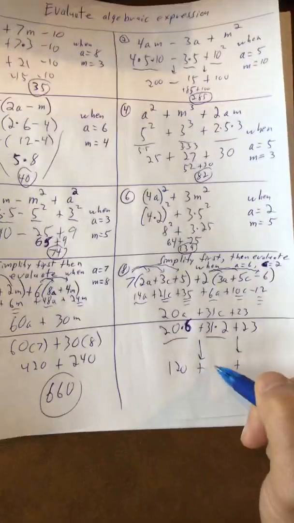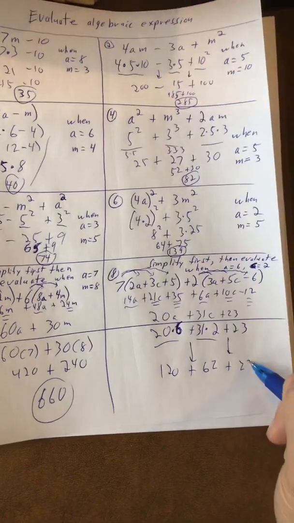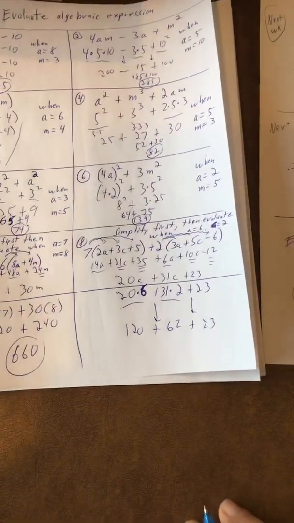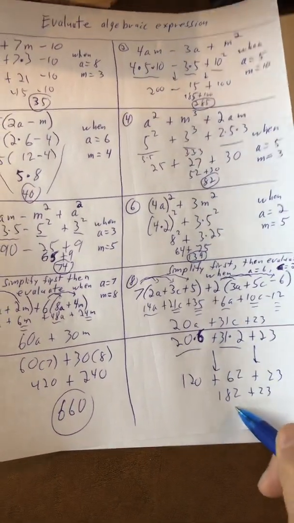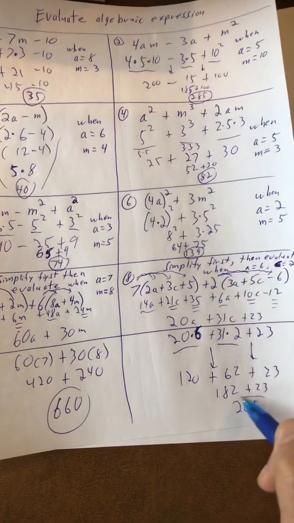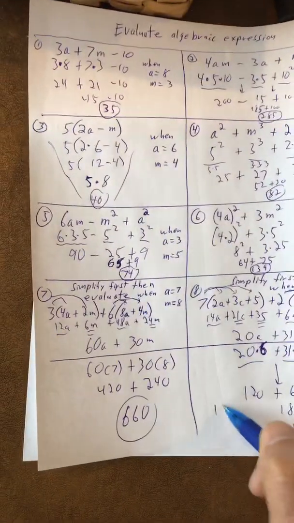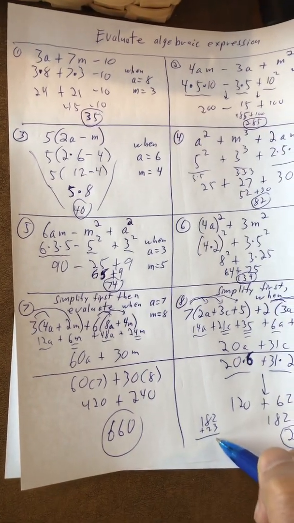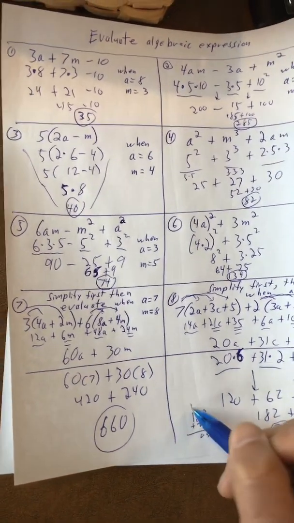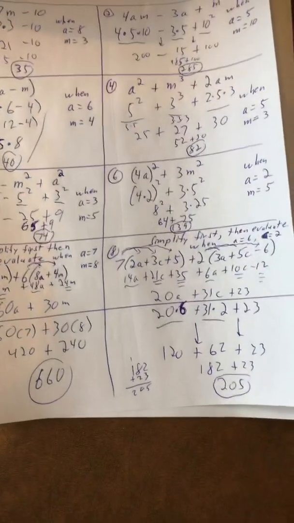There's 120, there's 62, and here comes my 23 just dropping down. Well, that adds up to 182. Plus 23 is 205. And there's my answer here. I'll write it down. Here's 182 and 23. Just line them up. Here's 5, 10, carry the 1, 2, 1 up.